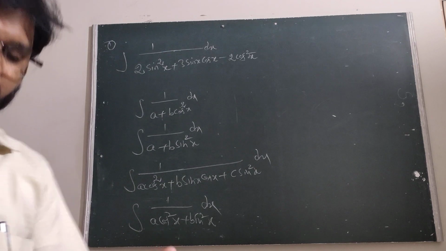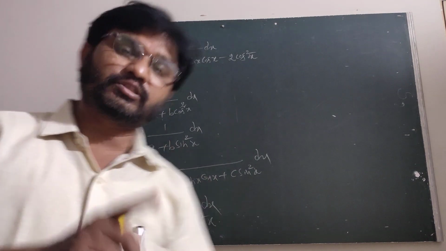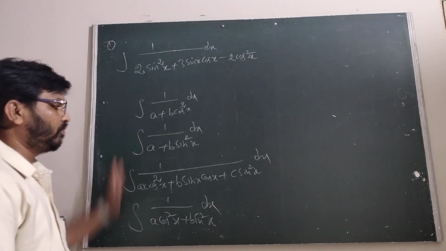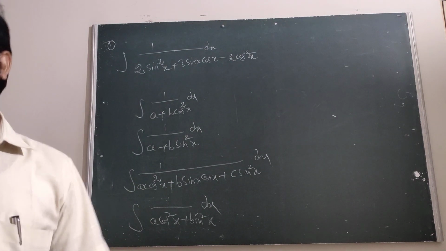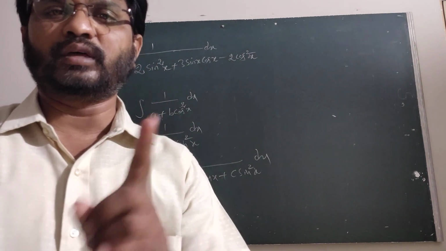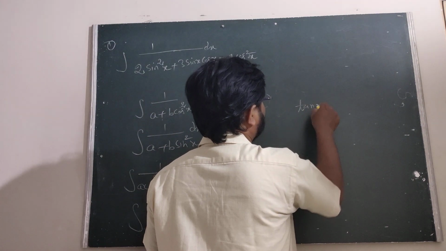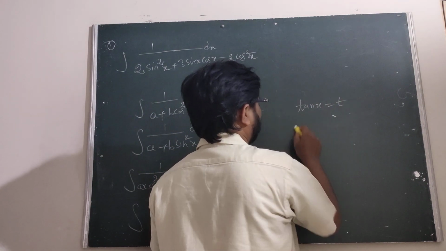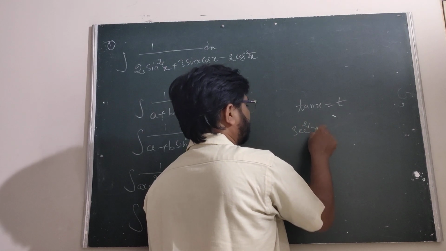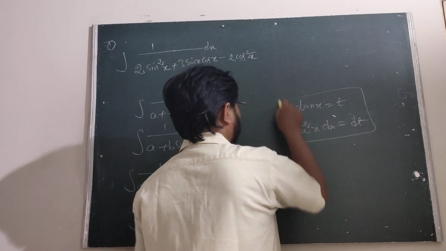So if the denominator has either cos square or sin square, first of all we multiply both numerator and denominator with secant square x. After that we take tan x equal to t. The derivative of tan x is secant square x dx equal to dt. This is the type 1.